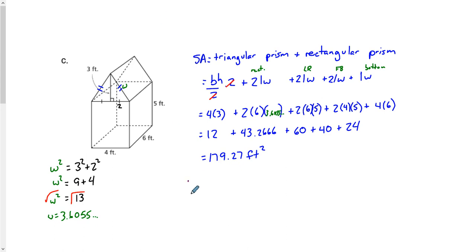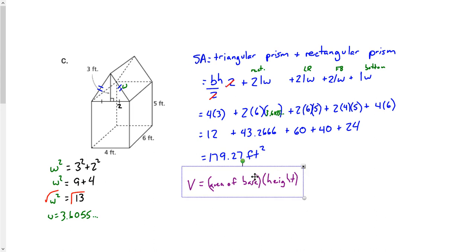And last but not least, to find out our volume, for any prism, it's always the area of the base multiplied by the height.